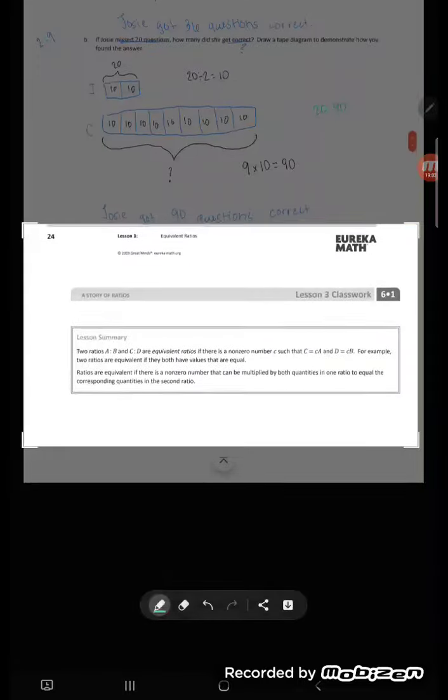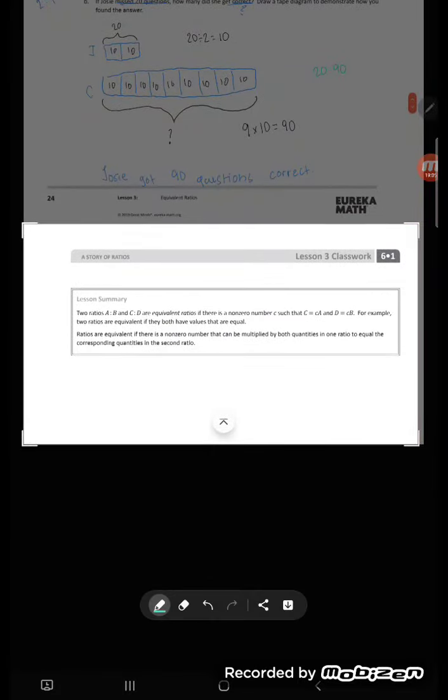All right. In our lesson summary for today, we notice that 2 ratios, A to B and C to D, are equivalent if the ratios are non-zero. Keep that in mind, non-zero numbers. C such that C equals cA, D equals cB. For example, 2 ratios are equivalent if they both have values that are equal.